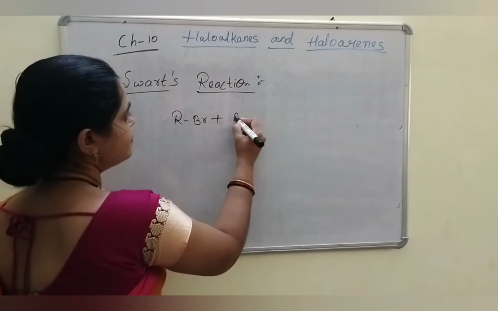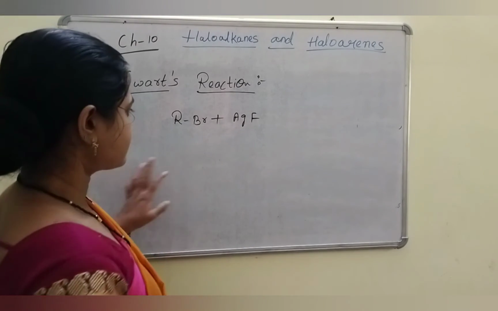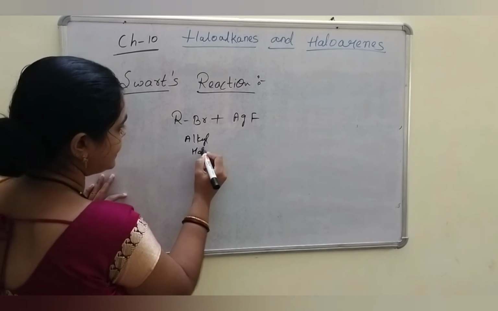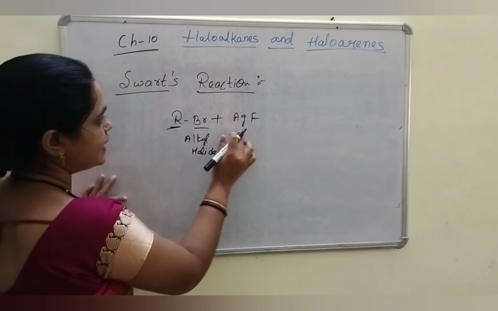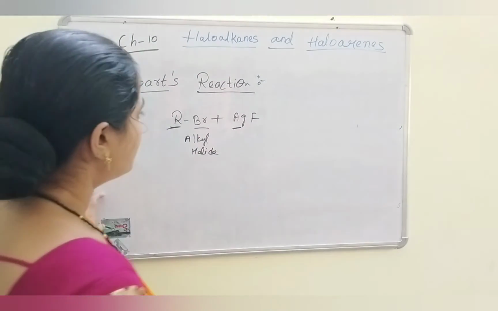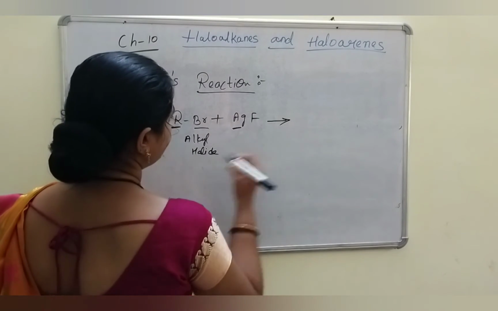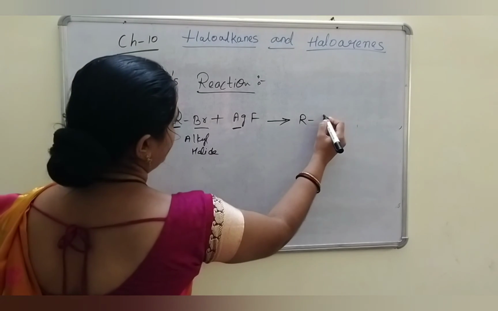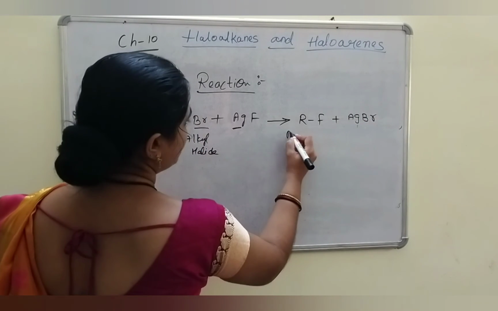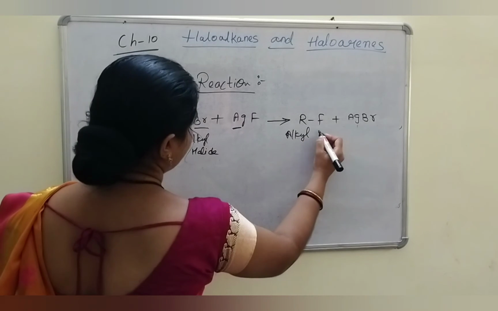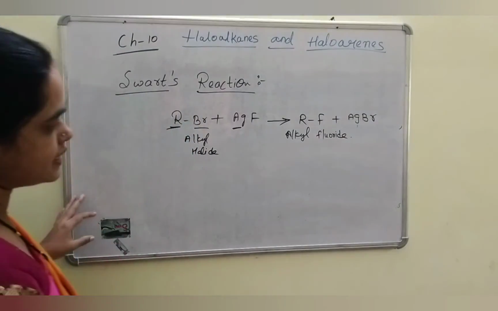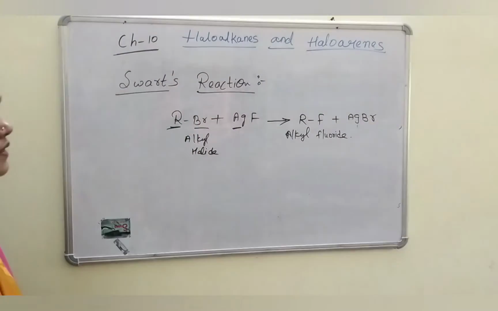Let's take silver fluoride. When an alkyl halide is treated with this metal fluoride, they form the corresponding alkyl fluoride. This is an example of the Schwarz reaction.